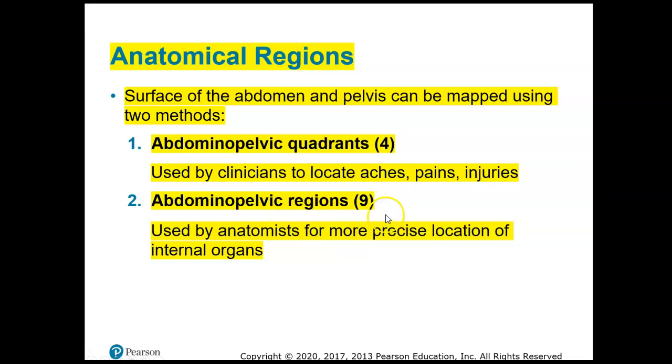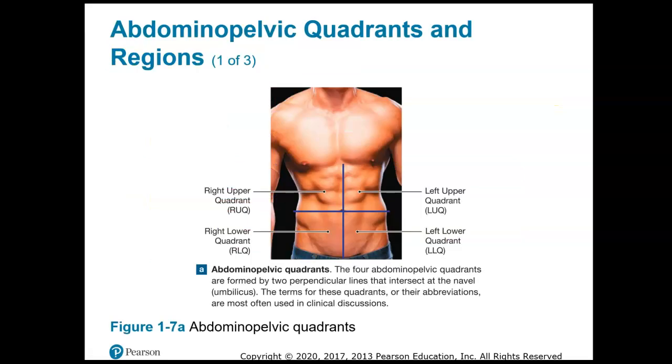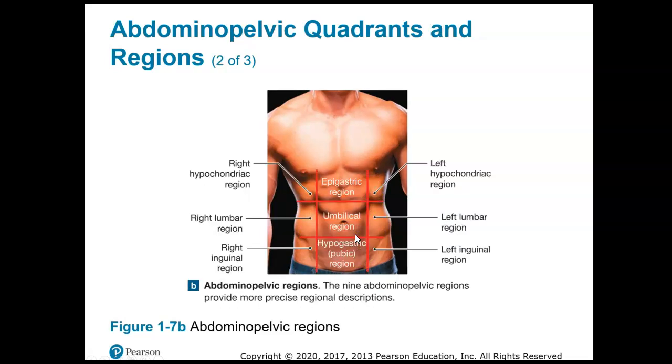There are 9 of those, and they're used when we need a more precise location. All right, so your quadrants are, remember this is the left side of the page, but it's the right side of the person. You got right upper quadrant, right lower quadrant, left upper quadrant, left lower quadrant.